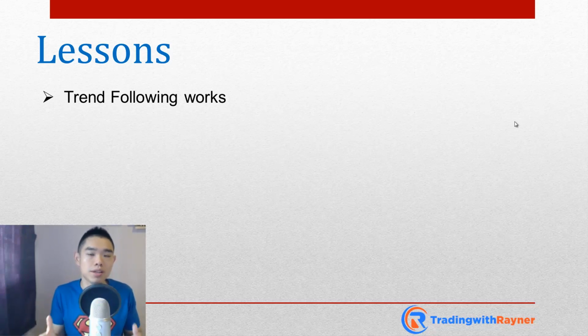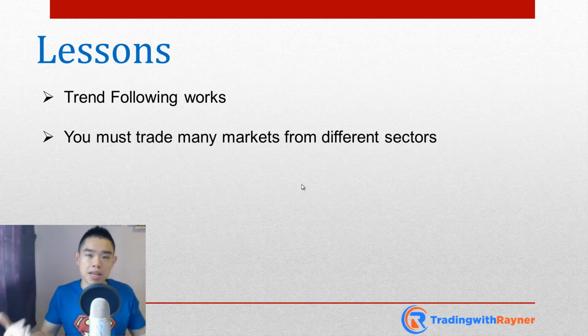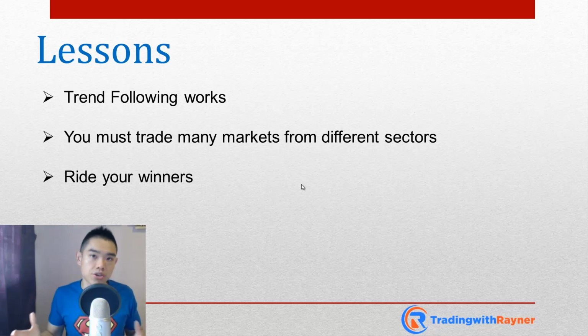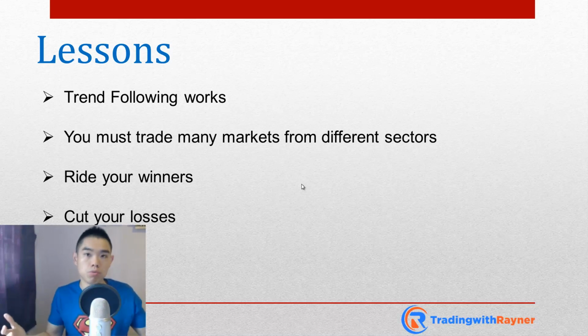So trend following works, but you have to trade a variety of markets, especially many markets from different sectors. I've shared with you forex, bonds, commodities, metals, etc. Third thing, you have to ride your winners. That's the only way you're going to catch a trend. And finally, you have to cut your losses, because you never know which trade will work out and which won't.